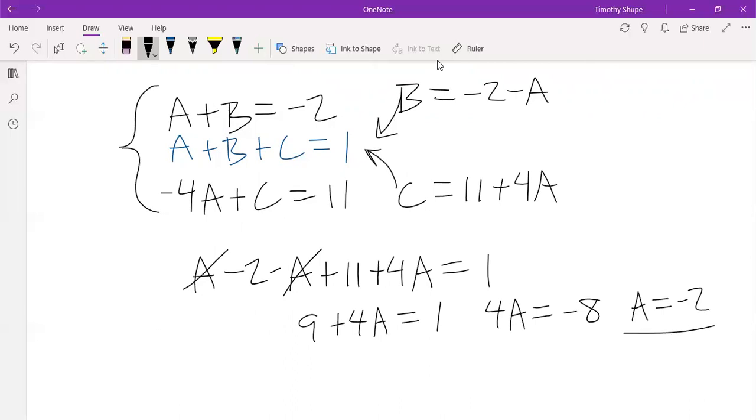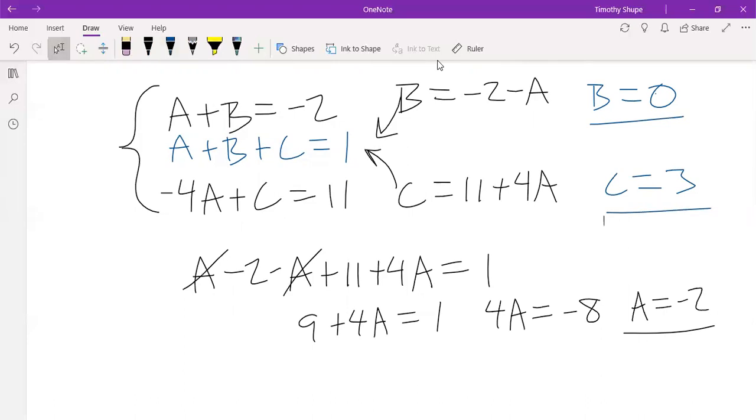So I'm going to take that and plug it back up into both my B and C equations up here. So this one, -2 minus a -2, that means my B value is going to equal 0. And then my C value, I'm going to get 11 minus 8, so C is equal to 3. So those are my two other values that I have.